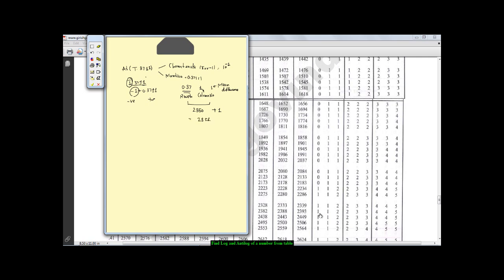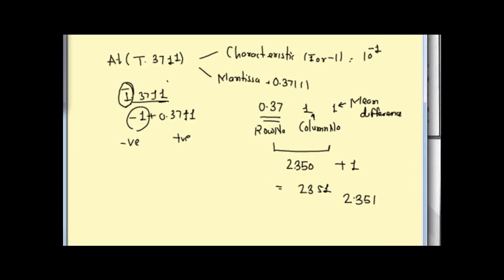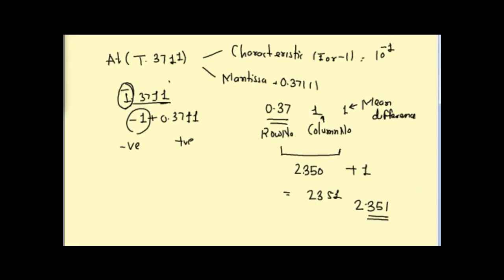So the actual value of mantissa part, as we already discussed, is 2.351. So mantissa part is equal to 2.351.